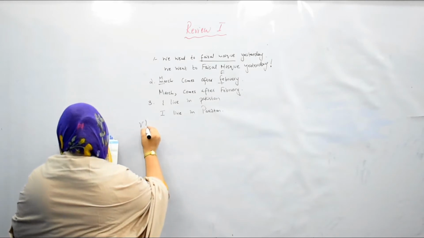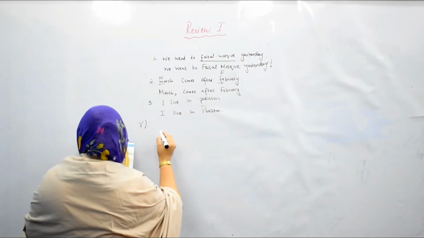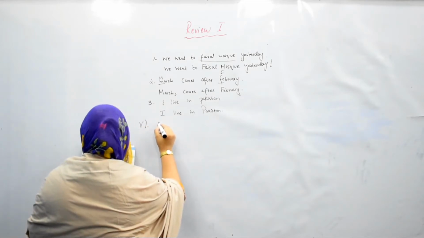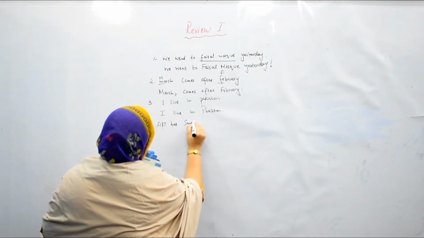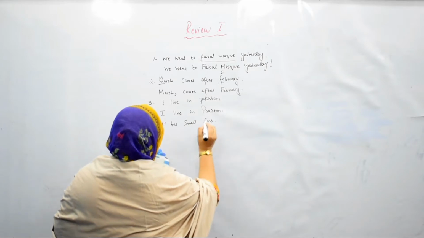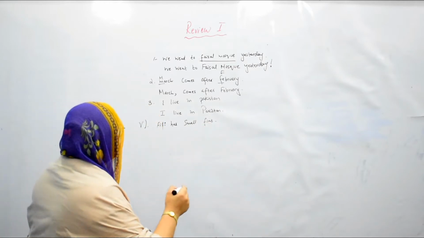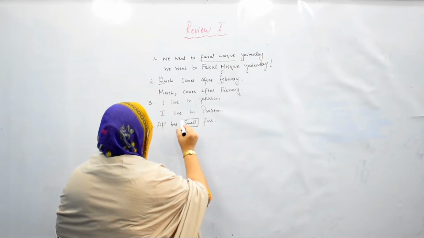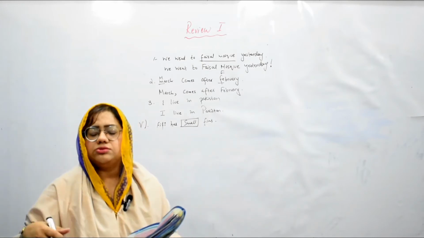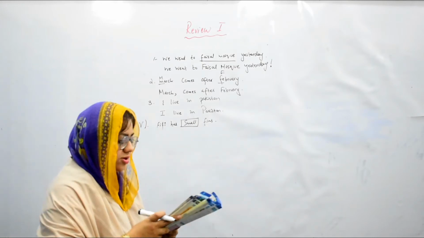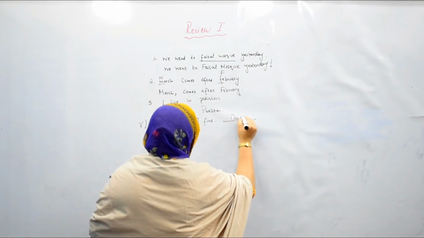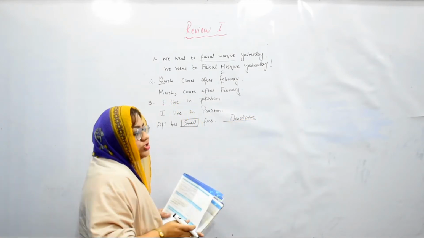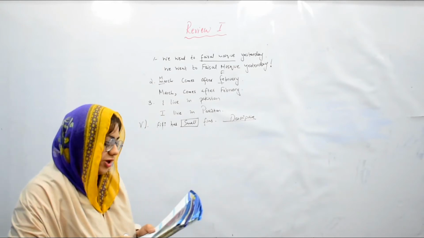Number 5 part is, you can see that Fifi has small fins. Now students, you can see that small gives the description of Fifi. So which form is that? That is descriptive.